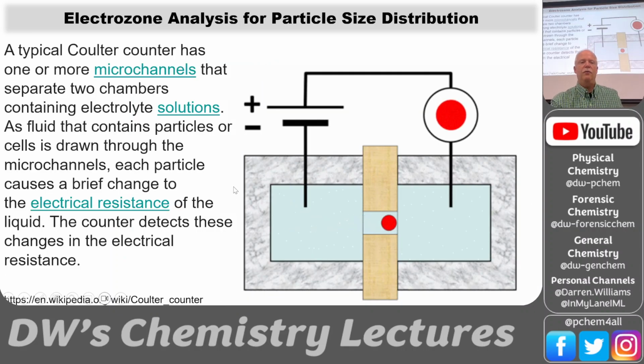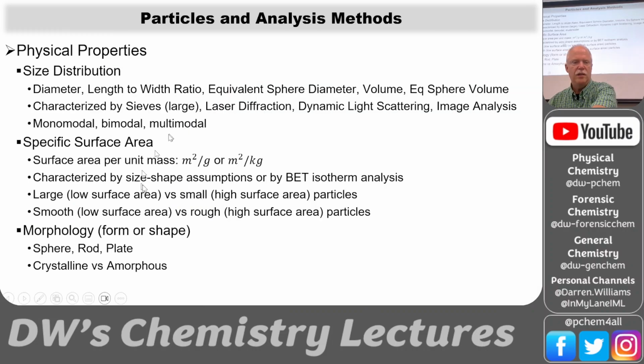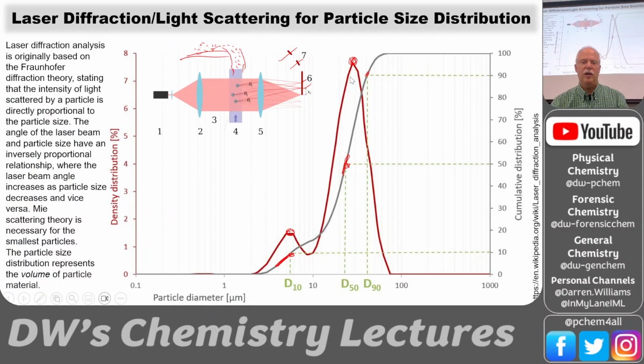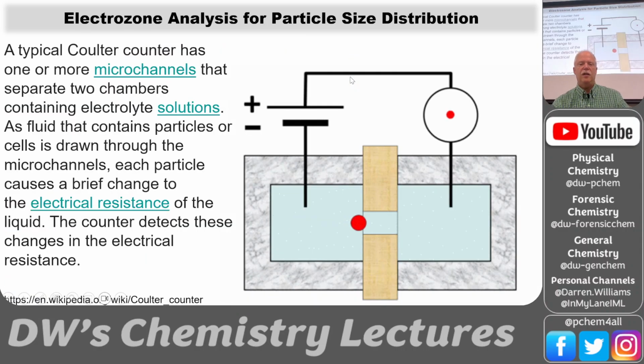This is one where we talked about, let's see, I guess it was in slide 2. This equivalent sphere diameter. So this is treating the particles as a sphere, okay, even if they're not. So like maybe they're oblong shaped or something like that, but they pass through this, and this electrozone equipment measures the particles.